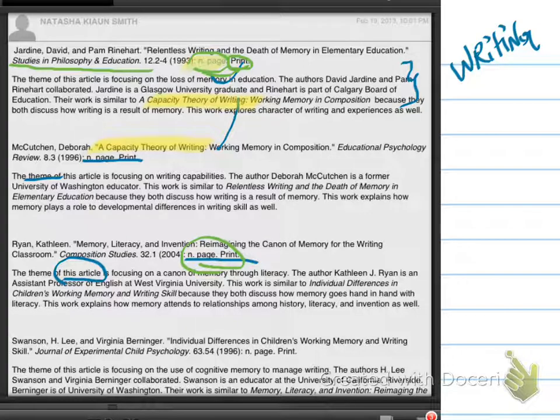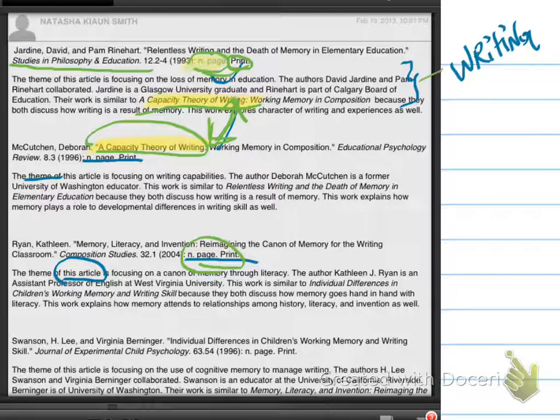Notice in the first annotation, you wrote capacity theory of writing here, and you italicized it, but then underneath it's in parentheses. So which is the correct form? I suspect it's the parentheses because it is an article, which means that you have to do the same above.